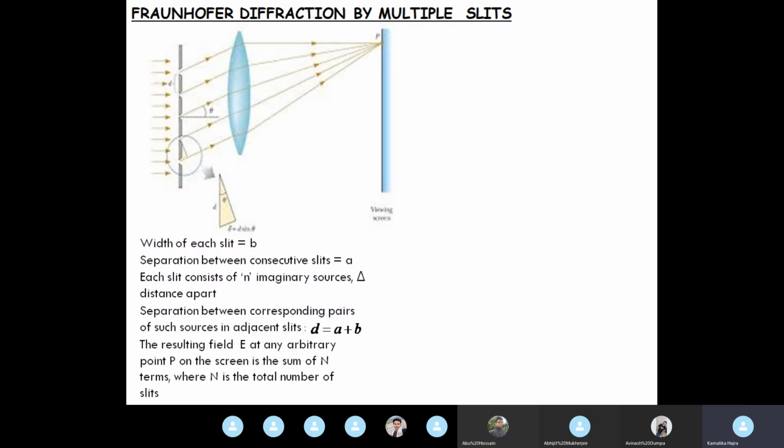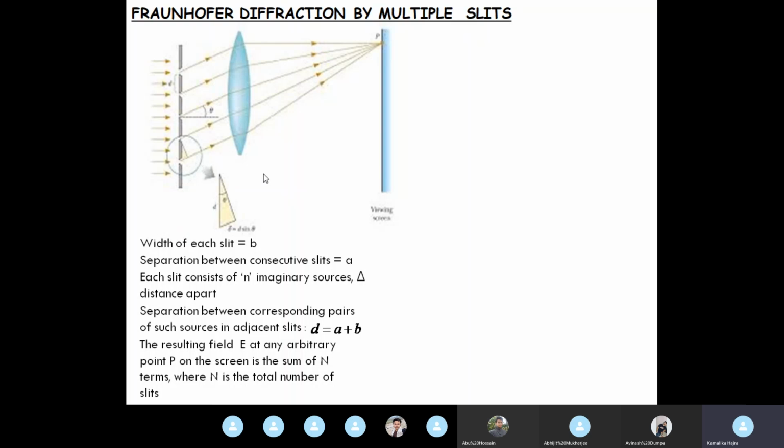Okay. Now the resulting field at any arbitrary point P on the screen will be the result of the superposition of capital N such terms, where capital N is the total number of slits. So in this case here, we have 5 slits, so there will be 5 terms.